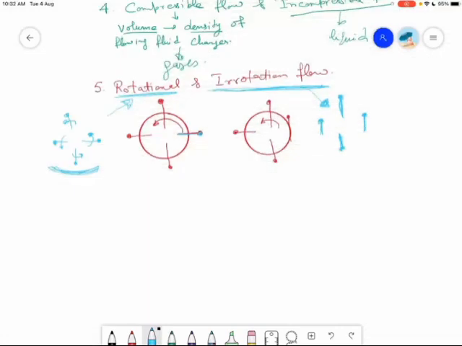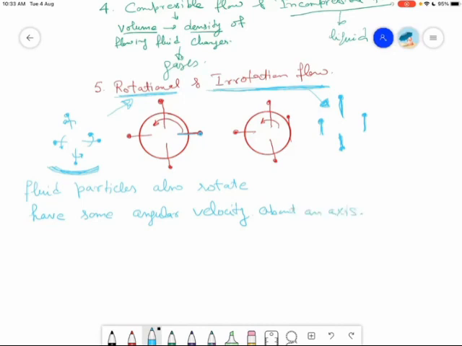So you can say a rotational flow is a flow in which fluid particles also rotate about their own axis, or you can say these particles have some angular velocity about an axis. ठीक है, so that type of flow we call rotational one.